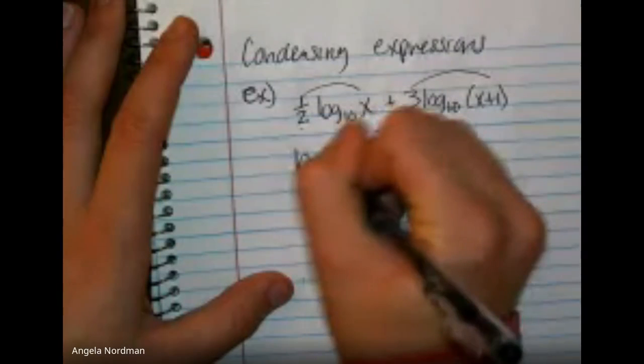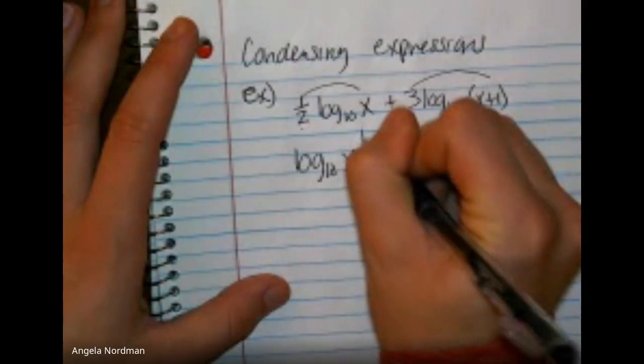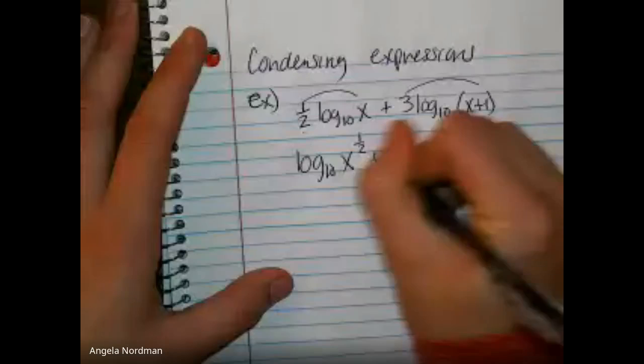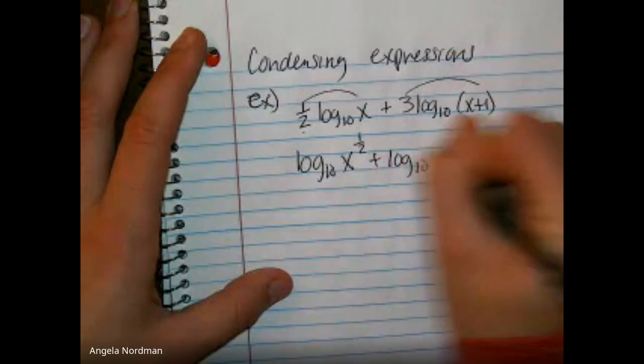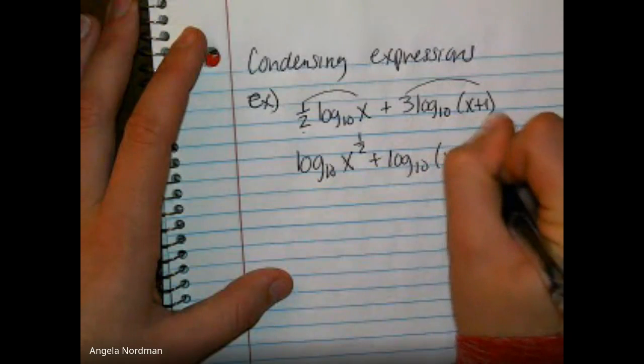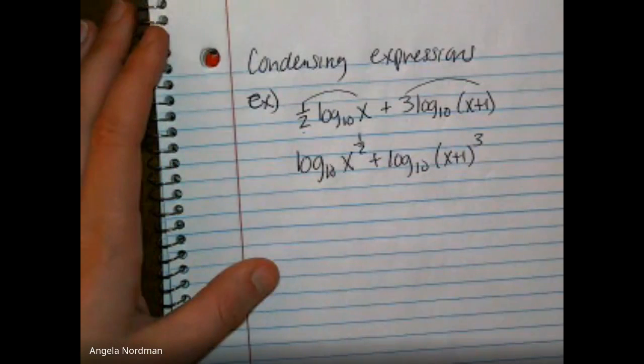So when we condense, exponents are last. When we expand, exponents are last. When we condense, exponents are first. So any numbers out in front need to be thrown back up on top, meaning I have log base 10 of x to the 1/2 plus log base 10 of x plus 1 to the 3rd.